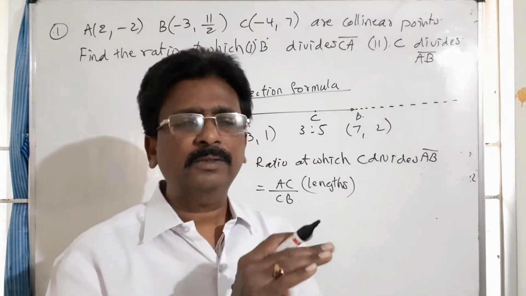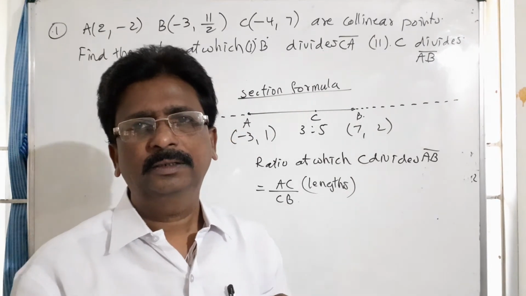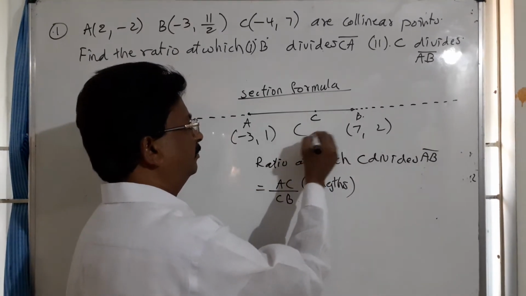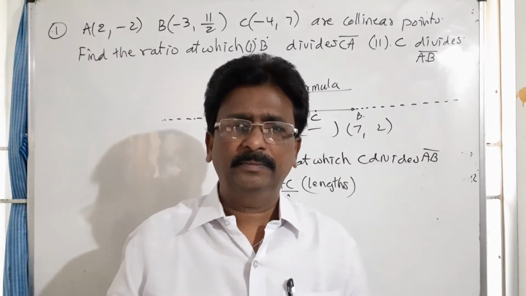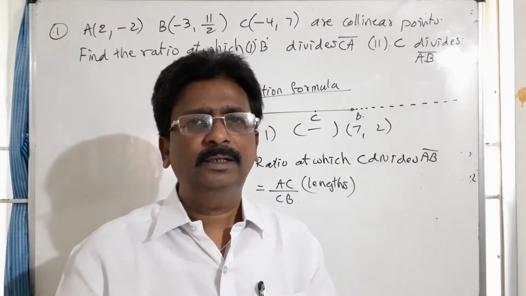Now in this question, conversely, the coordinates of the point C are given and the ratio is unknown, so we have to find the ratio.